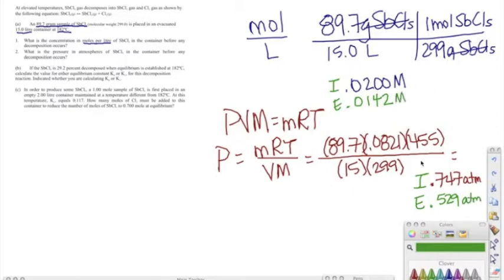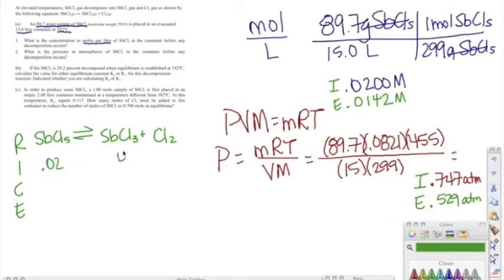So what do we do with these numbers? Well, we set up our RICE table. My equation is SbCl5 yields SbCl3 plus Cl2. Everything's a gas, so I'm not going to put states on here. My starting concentrations, I'm going to do Kc first, is 0.02, and of course these guys are 0 because no reaction has occurred.